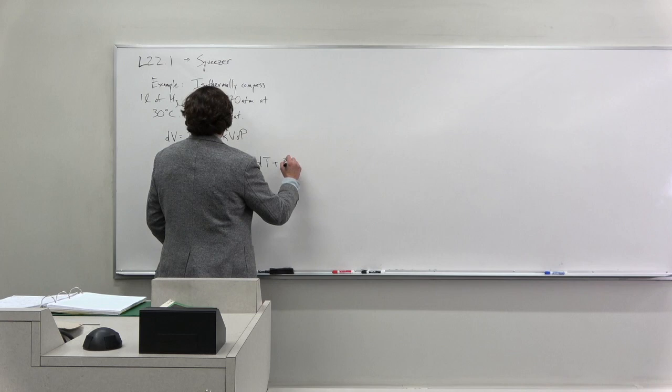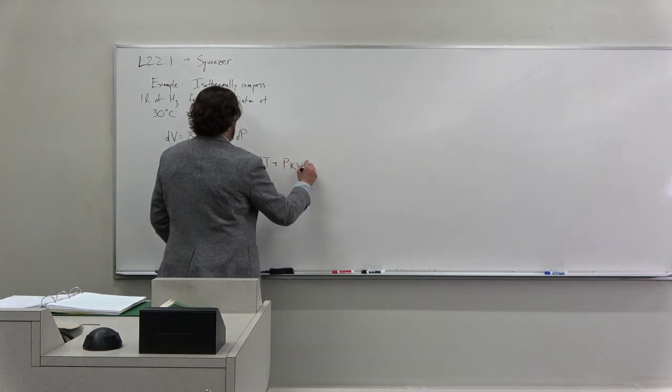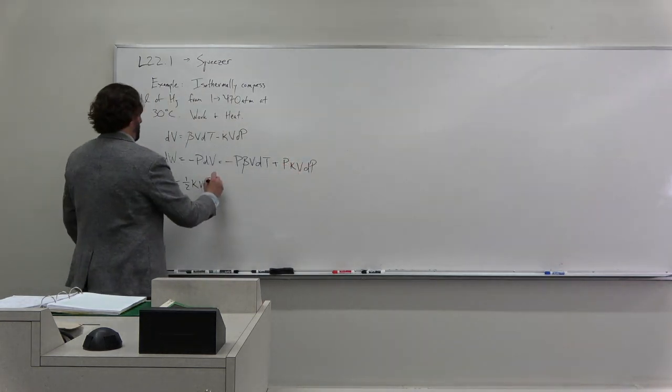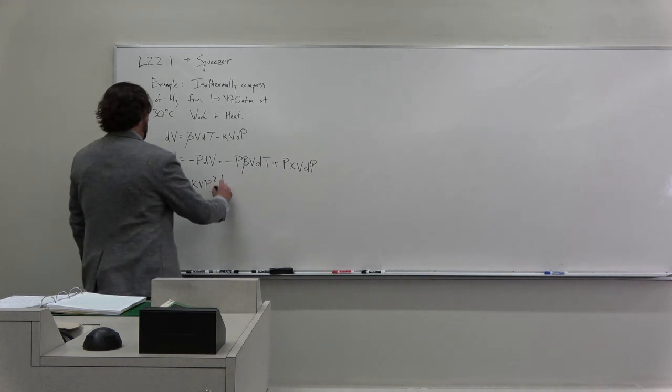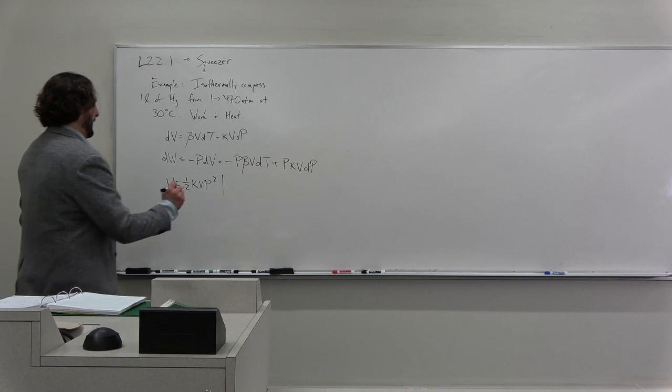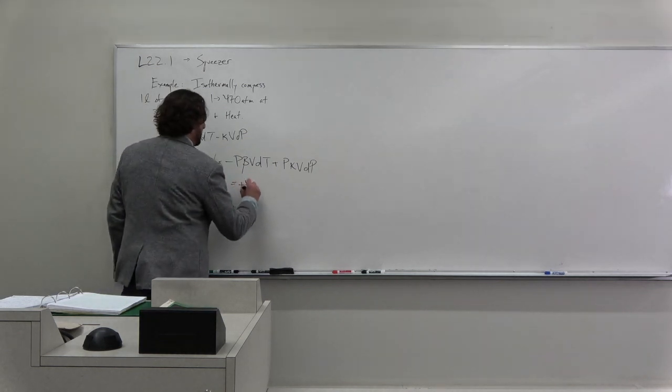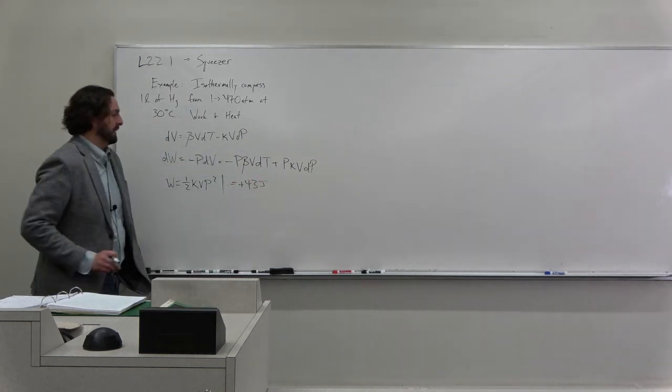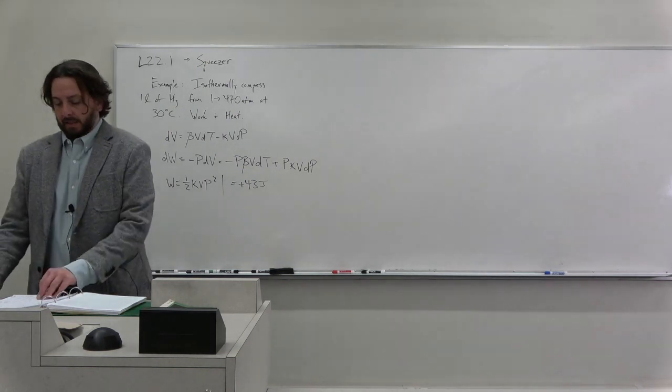Plus P kappa V dP. There you go. Evaluated. Okay, so what we got was positive 43 joules. So this is now the third time you've seen that: lecture 5, last class, and in class.